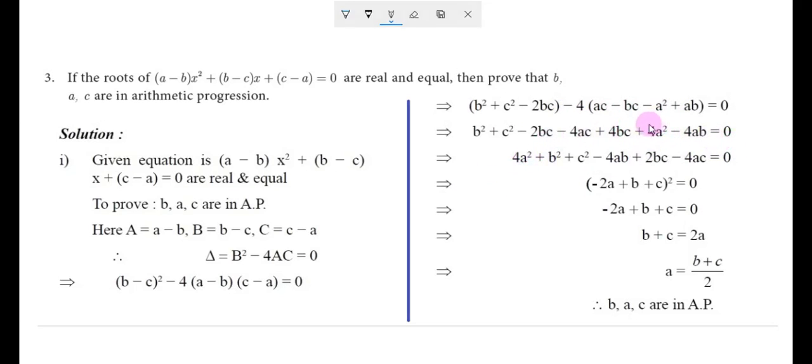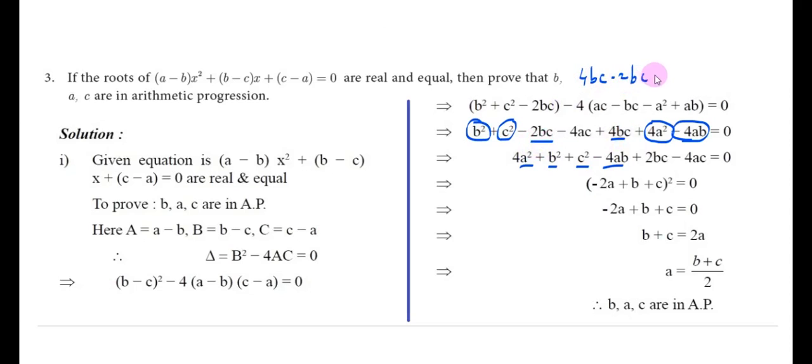Just order it: 4a square, then b square, then plus c square, next minus 4ab, then plus 2bc, because 4bc minus 2bc is 2bc, then minus 4ac. Equal to 0.